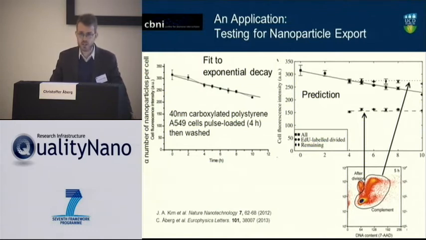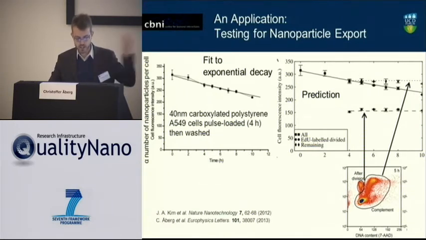And what you can see there is an exponential decay, and the exponential decay fits very well to the cell population doubling time of these particular cells. Now, of course, you don't need a complicated model to understand that would be an exponential decay, but the nice thing is the graph on the right there, which again is a parameter-free prediction.